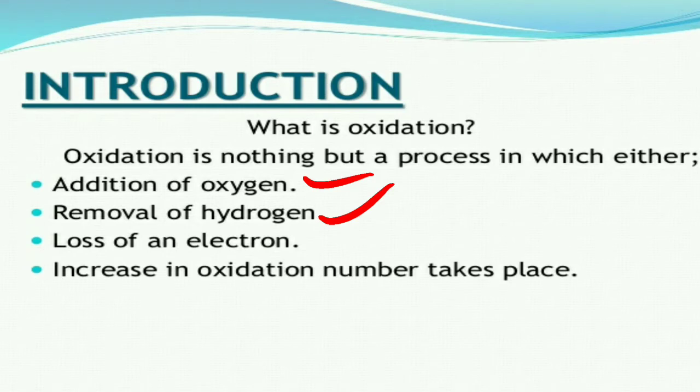Oxidation is also the loss of electrons and an increase in oxidation number. From the organic point of view, oxidation is the addition of oxygen and the removal of hydrogen. From the inorganic point of view, oxidation is a loss of electrons and an increase in oxidation number.